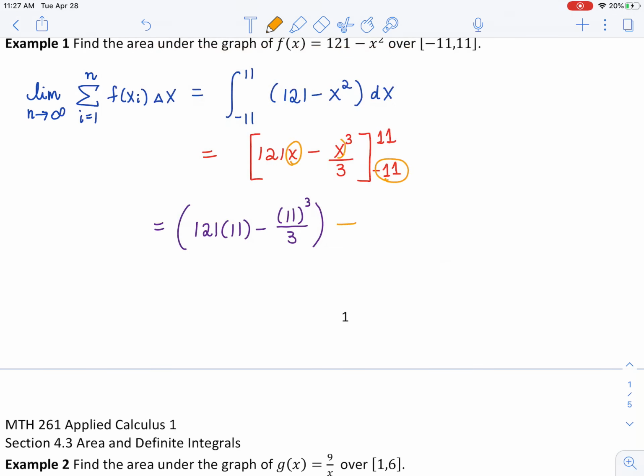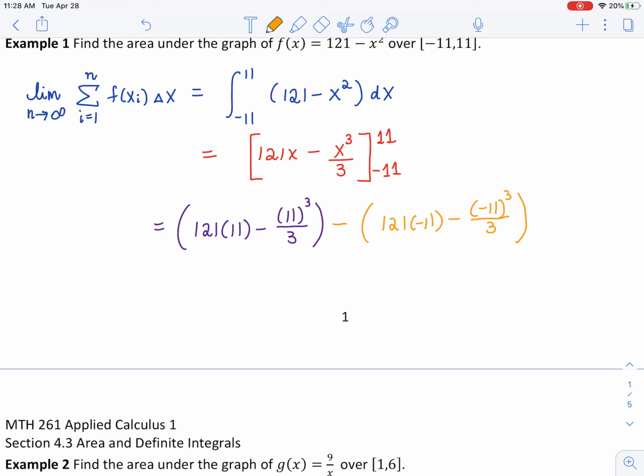We're going to subtract this by, now this time you're going to plug in negative 11 everywhere you see x. So 121 times negative 11 minus negative 11 cubed divided by 3.